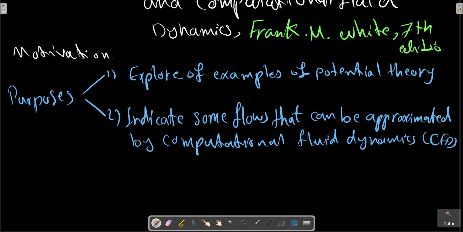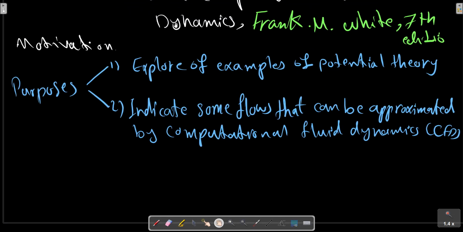First, however, we review and extend the concepts of fluid dynamics discussed in previous chapters, especially in Chapter 4. So, introduction and review.